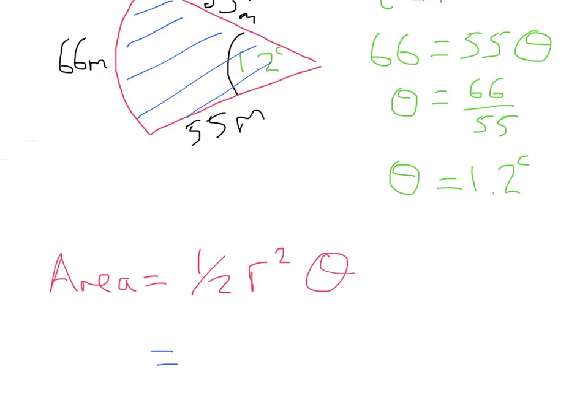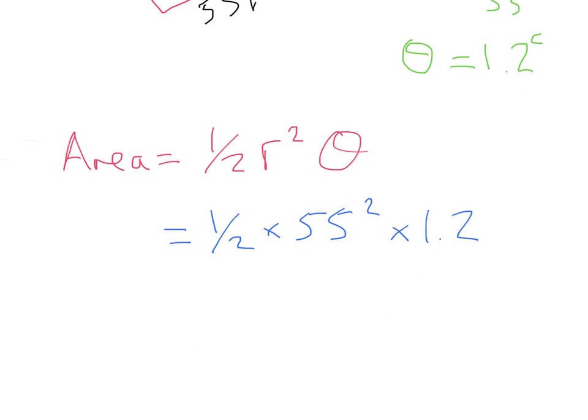So that equals a half times 55 squared times 1.2. Again, easy peasy. I don't know my 55 times table, certainly not to multiply it by 1.2, so I'm grabbing my calculator. I get an answer of 1,815 metres squared. So that is my area. And that's the second question done.